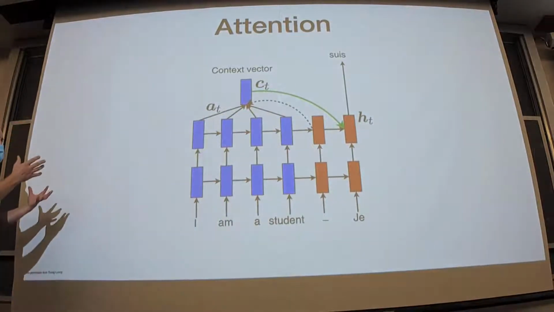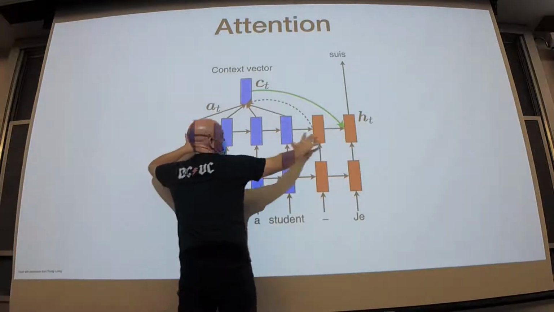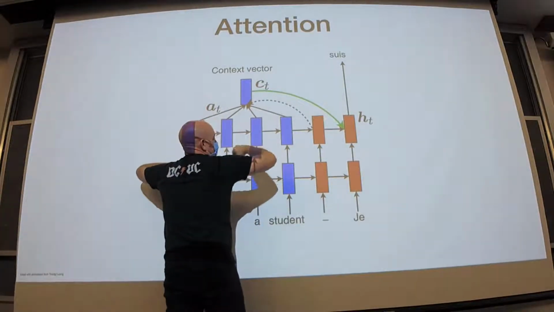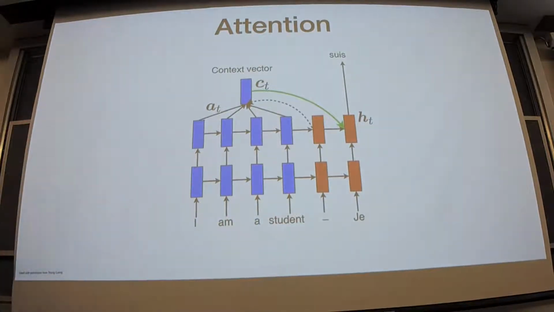So there's this notion of self, you're attending to yourself in these funny ways. And so maybe before trying these things out, you would say, well, I don't expect that to work. All the information is already there. Why would just reshuffling or re-weighting the input here help? But it does. It does in the context.